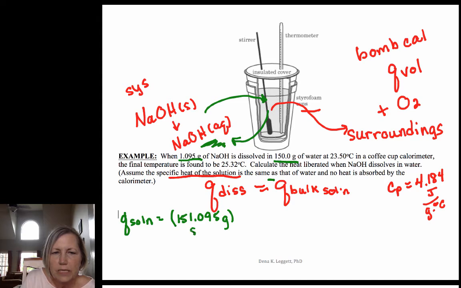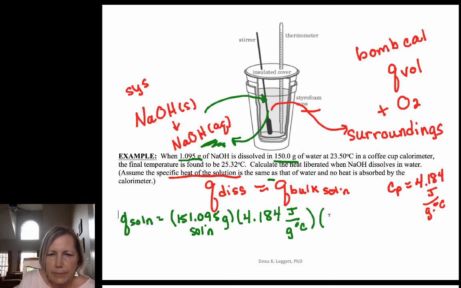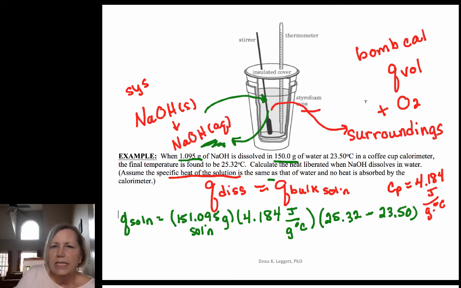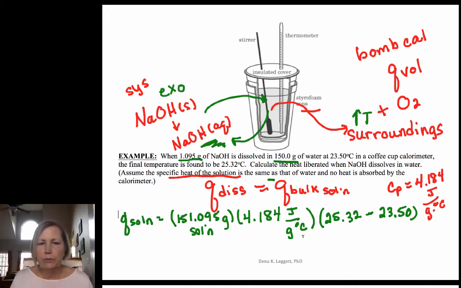So that's my grams of my solution times the heat capacity of the solution, which we're assuming to be the same as water, times my temperature change, the final minus the initial. Now you notice that my solution temperature increased. So if my surroundings increase in temperature, that must have meant heat was released in this process, making this an exothermic process. And our math should bear that out.